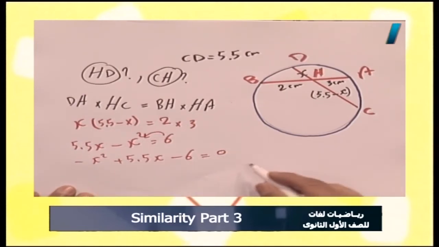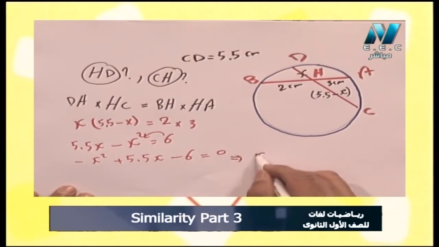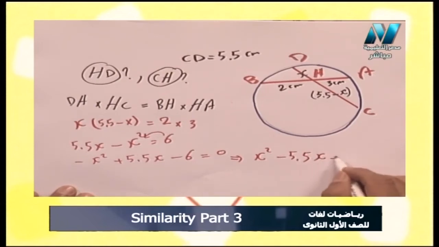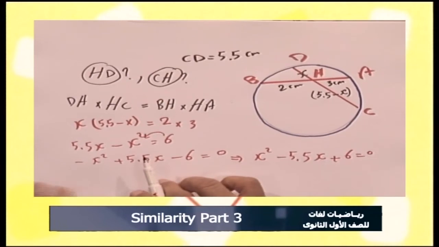And multiply all of them by negative, because it is not acceptable for x power 2 to be negative. So it will be x power 2 minus 5.5x plus 6 equals 0. And try to solve it using the formula, or you can use factorization.